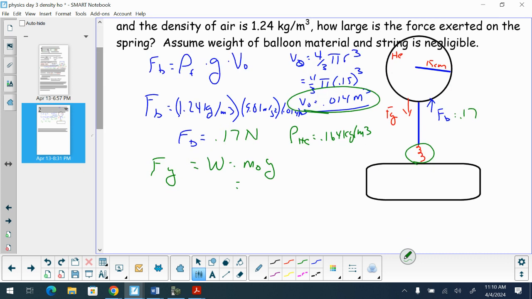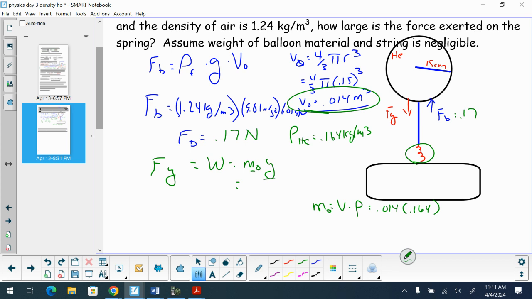So to find our mass, once again, mass is equal to volume times density. We know our volume, our density, 0.164. That will give us the mass of our object, and then we can multiply that by gravity to find the weight of the object. This just gives us our mass.